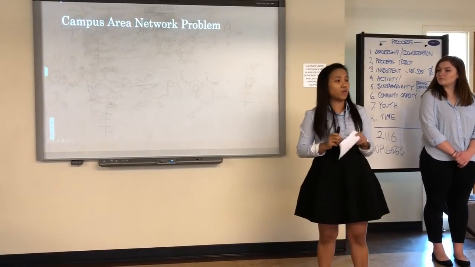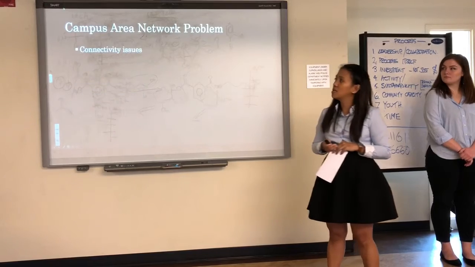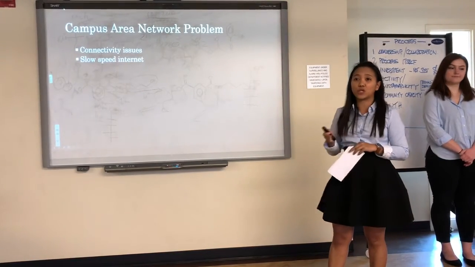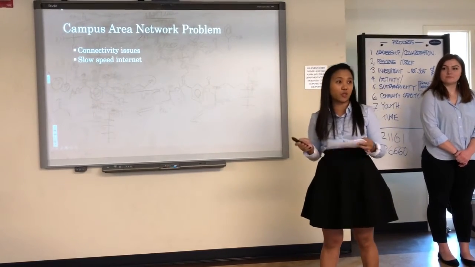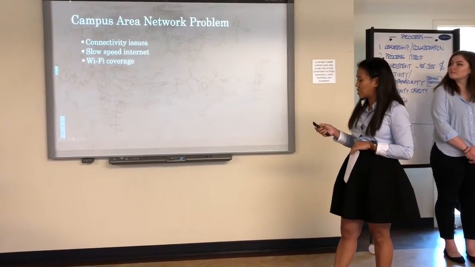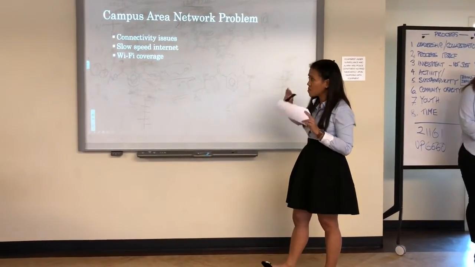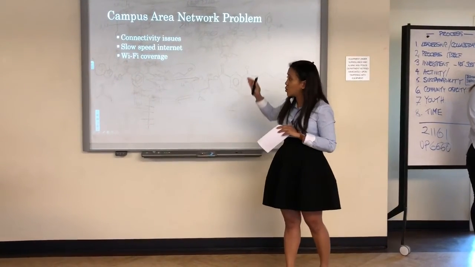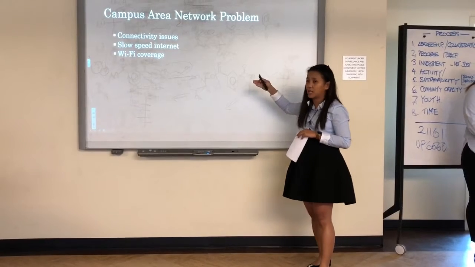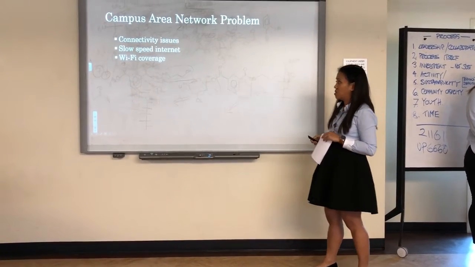When you're trying to walk outside, you experience intermittent connection, right? And also when you go to busy areas like the student center or the library, you experience low speed internet. And then the farther you go from the center of the campus, you experience some problems with the internet connection, like you're not going to be able to connect to the internet at all.